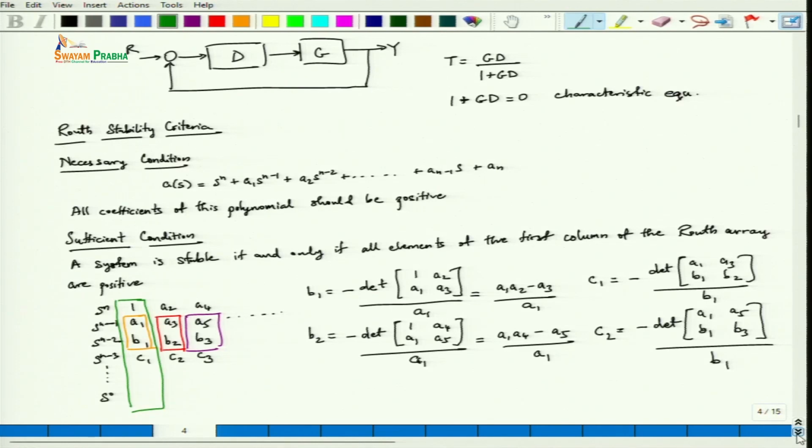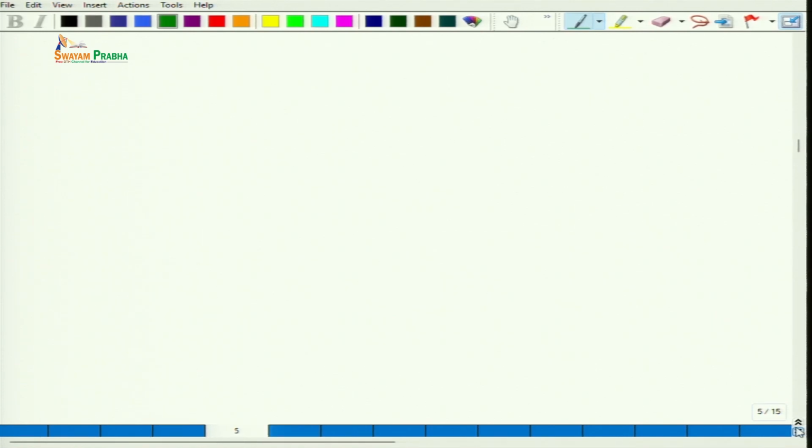Now we will go into some examples about this. So the first example: let us consider that this is our characteristic equation, s to the power 6 plus 4s to the power 5 plus 3s to the power 4 plus 2s cube plus s square plus 4s plus 4 is equal to 0.